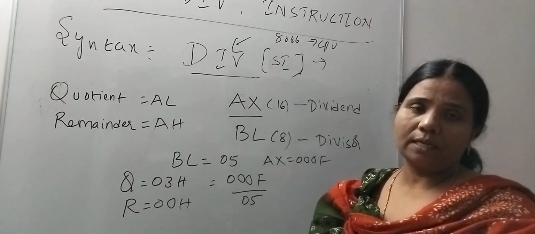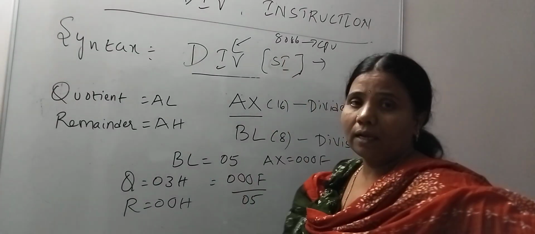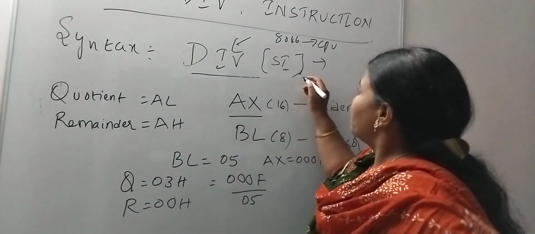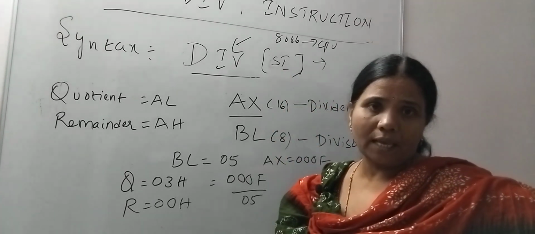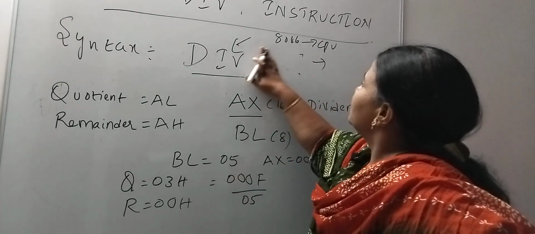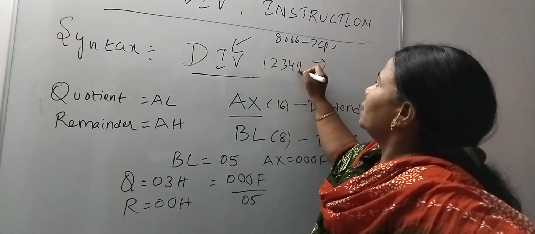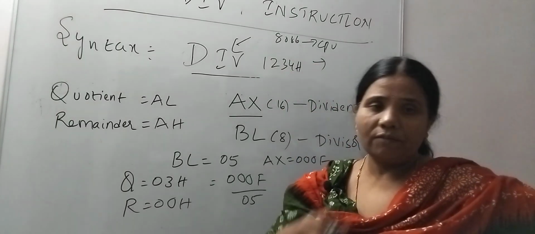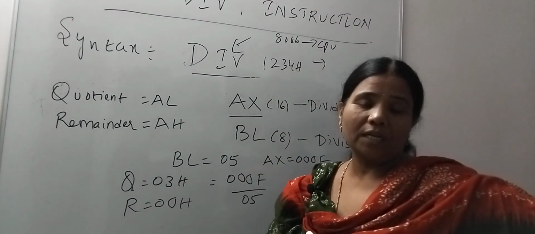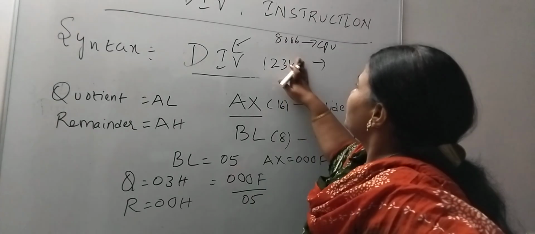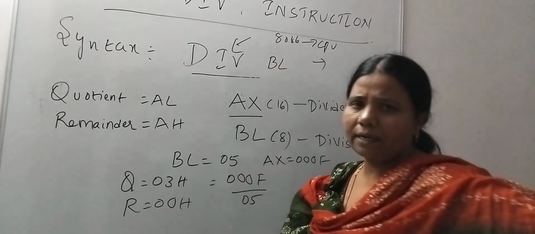For example, SI is the source index register, and a bracket written over it represents the data present in the memory location whose address value is present in SI. Instead of this we can also take data. Any data you can take, and it will be taken as the one operand. Next, you can take a register; here I am taking a register as BL.